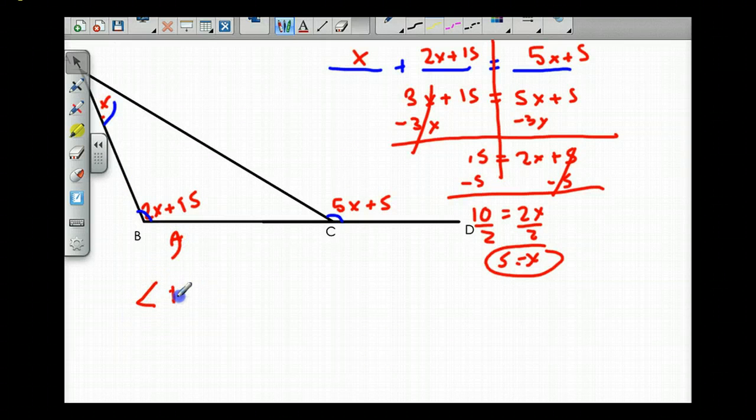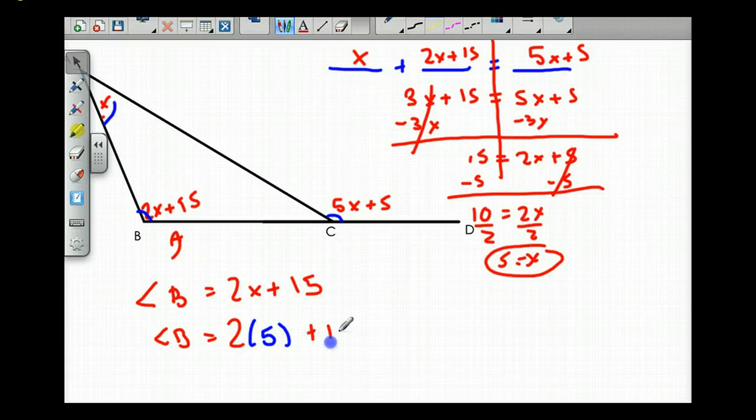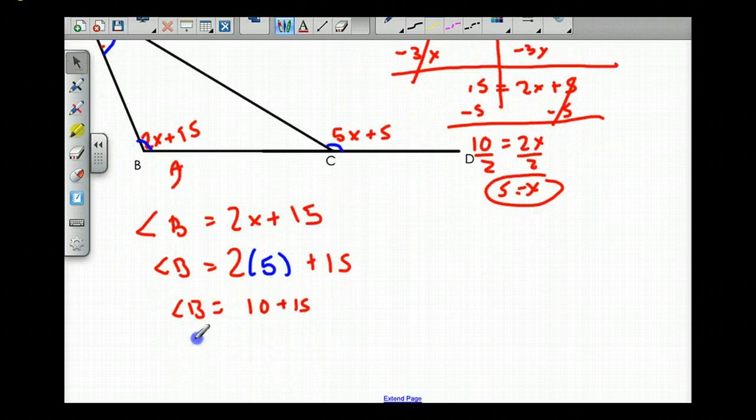So angle B is equal to 2x plus 15. I substitute my x in, which is 5, so it's 2 times 5 plus 15. 2 times 5 is 10, plus 15. And so my final answer is angle B is equal to 25 degrees.